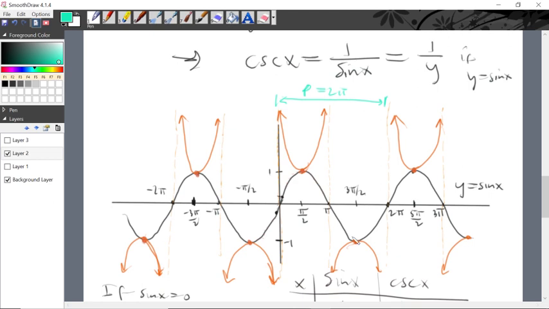So the entire graph of one complete wave of the cosecant function is actually broken into 2 pieces. You need both of these pieces to make up one cycle of the cosecant function. So this is one complete period right here from 0 to 2 pi, for example.